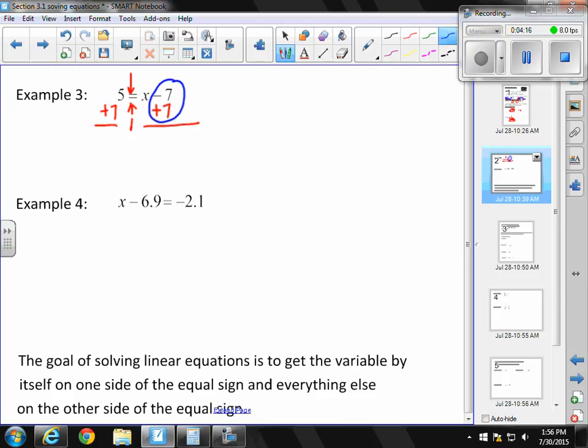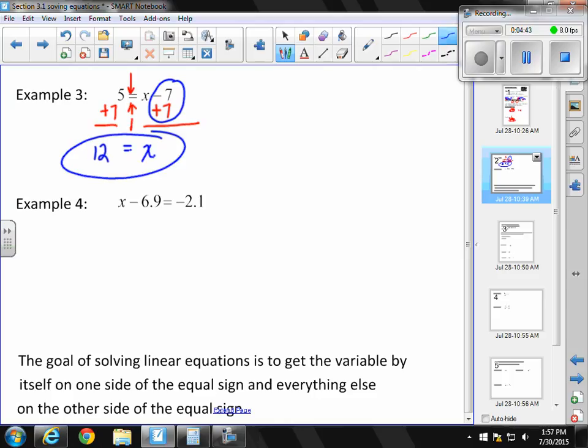And it could be a number or it could be a quantity. It could be x that I'm adding or subtracting. But anytime I add or subtract that same quantity, it becomes 0. So what I have here is 5 plus 7 is 12 is equal to x minus 7 plus 7 is 0, so we have just the x by itself, and there's our solution to the equation.